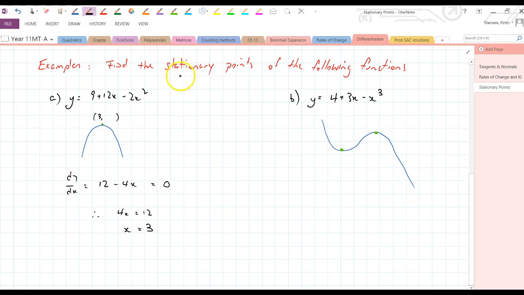To find the stationary point, we need the y coordinate, so x equals 3 goes back into the y equation. So y is equal to 9 plus 12 threes are 36 minus twice 9 is 18. So it's 45 minus 18, which is 27. So the stationary point is at (3, 27).